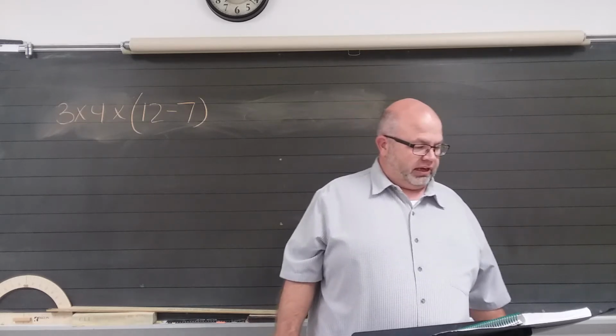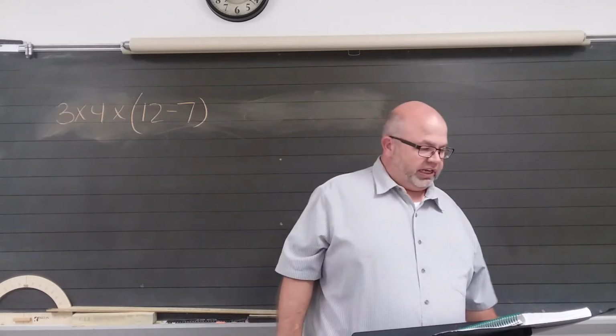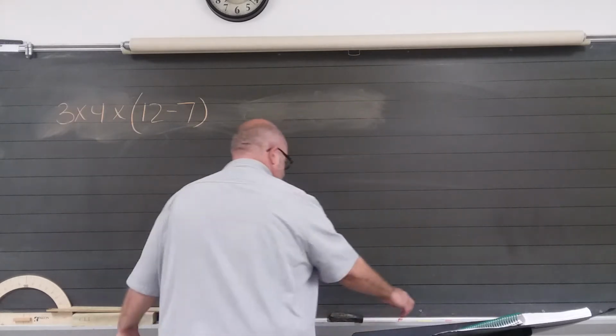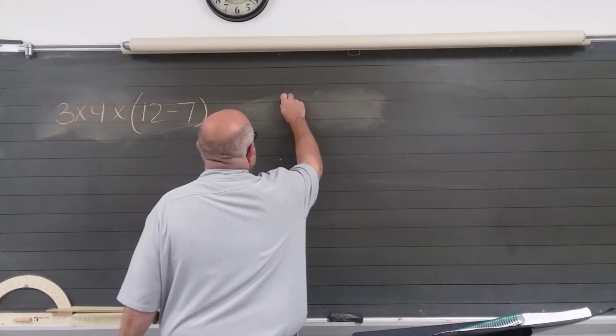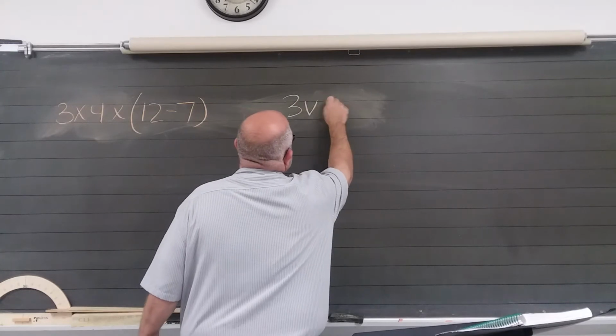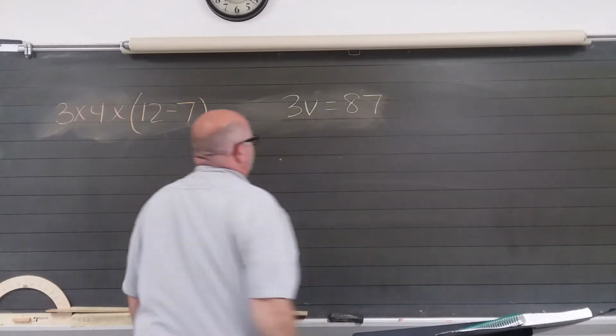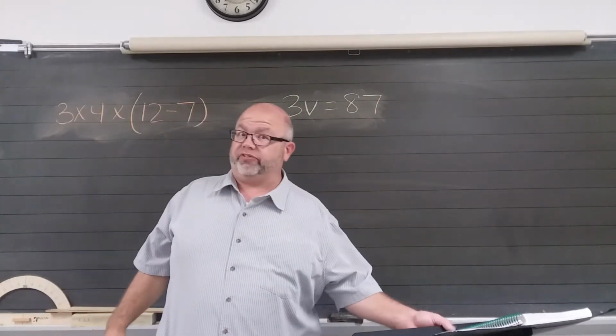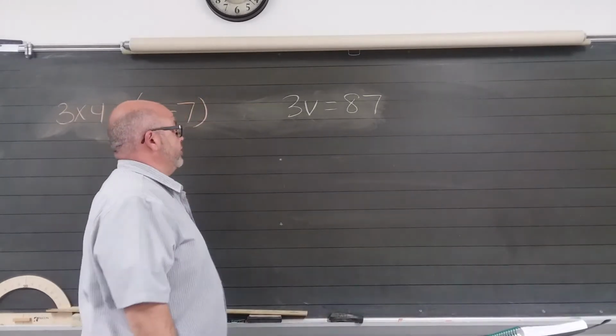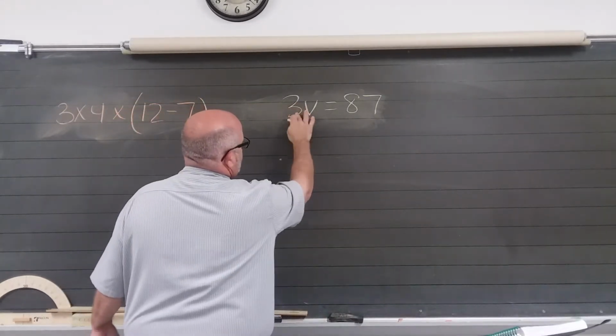Number 1. These are the ones where you need the lines. 3v equals 87. Let's do this quickly. 3v means you're multiplying. You do the opposite. You want to get rid of the 3. Okay?